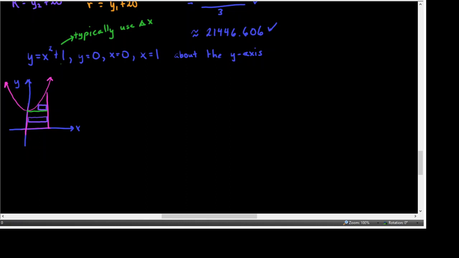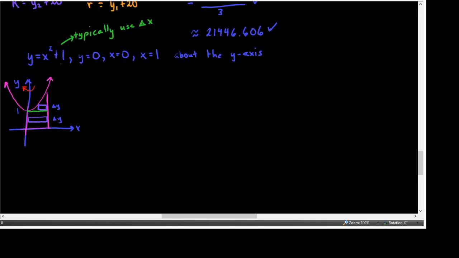And so that distinction is really important to make, that we have two different things going on. Let me indicate, of course, that this was at 1, and that's important. And these are delta y rectangles, as we were told to use. And so consequently, we're going to have two sets of things. We are revolving about the y-axis.